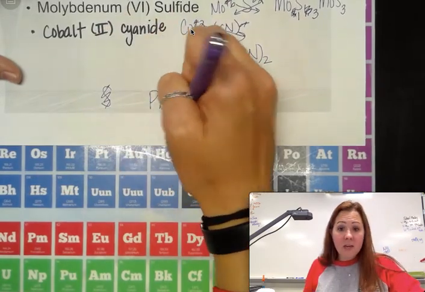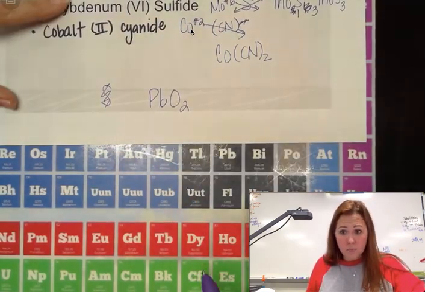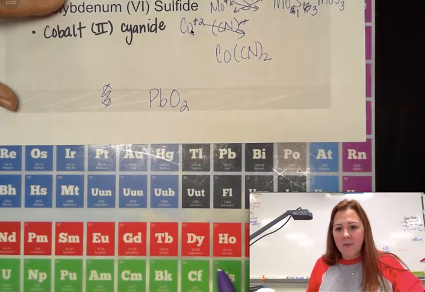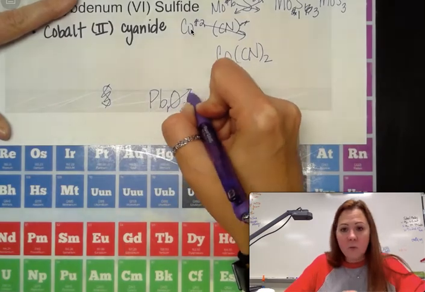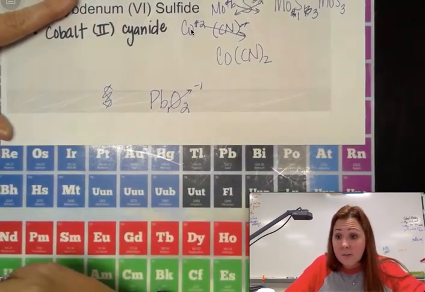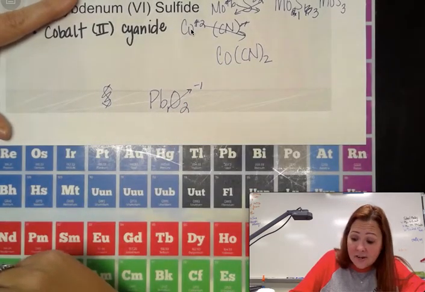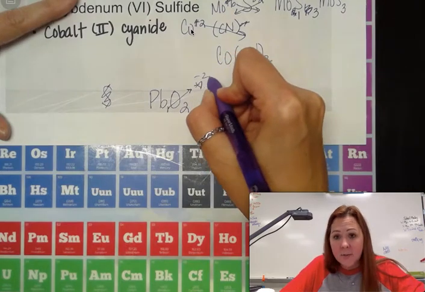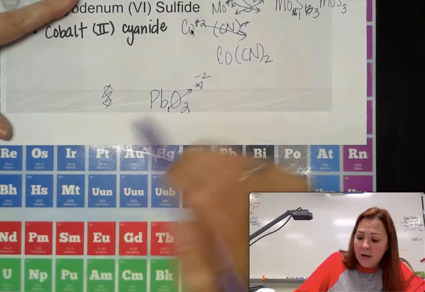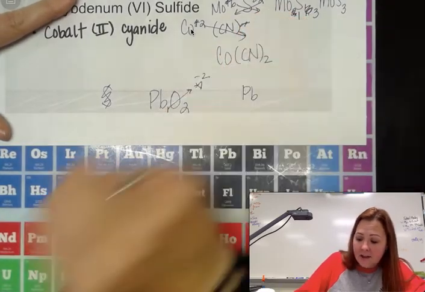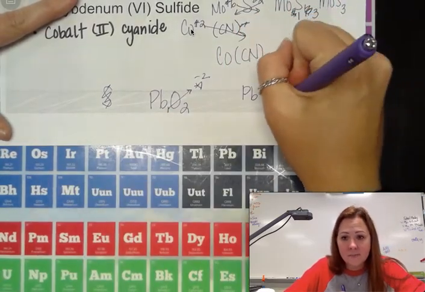If you have something like PbO2, so again I'm using oxygen just to make our life a little bit easier, there'd be a 1 that would come over here to be -1. We just looked it up that that cannot be. Oxygen is actually -2 on the periodic table. So when you go to figure this one out, I have 1 lead, I have 2 oxygens.